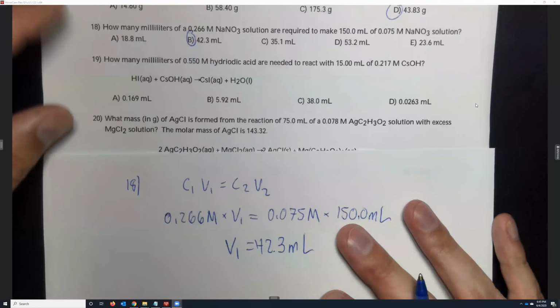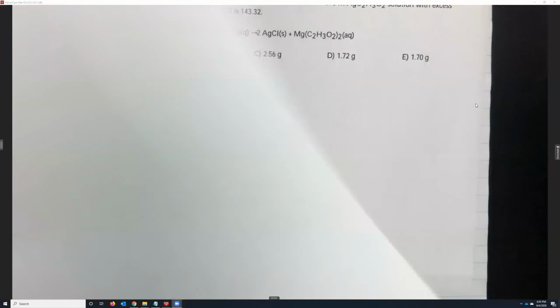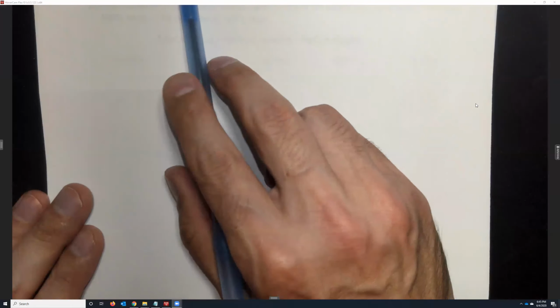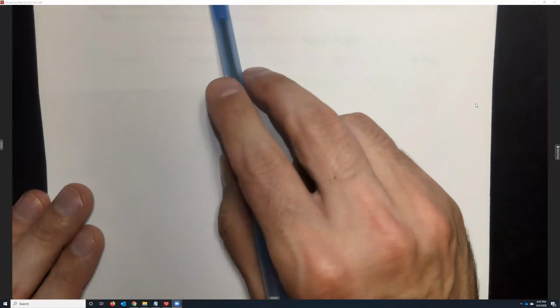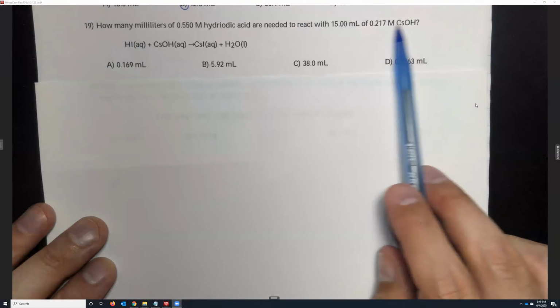All right, so now we'll get into the solution stoichiometry problems, the last two. It says, how many milliliters of 0.55 molar hydroiodic acid are needed to react with 15 milliliters of 0.217 molar cesium hydroxide? So here is the actual question.